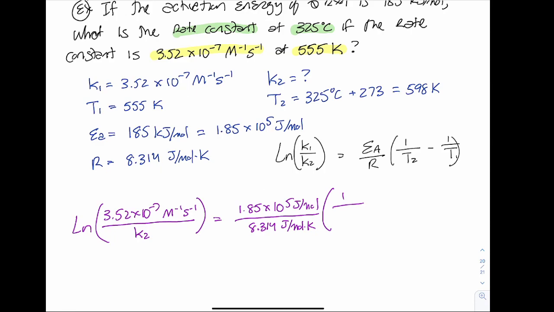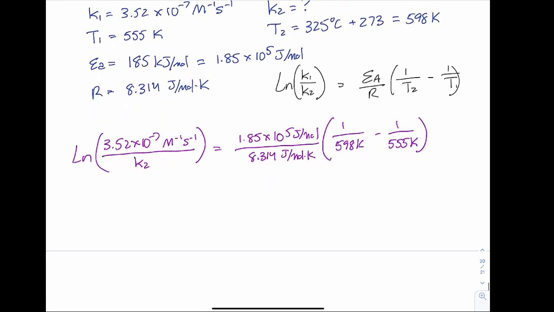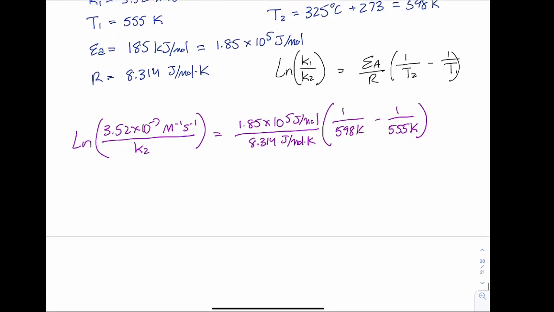So 1 over T2, 598 Kelvin, minus 1 over T1, 555 Kelvin. So please, I want you to do this math on your own. So hit pause. When you're ready to check your work, hit play again.